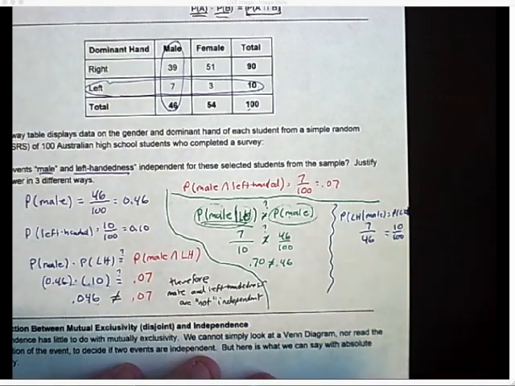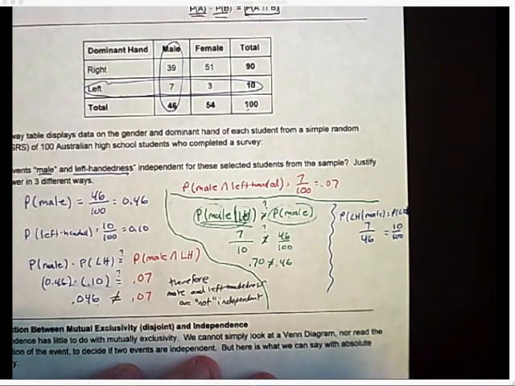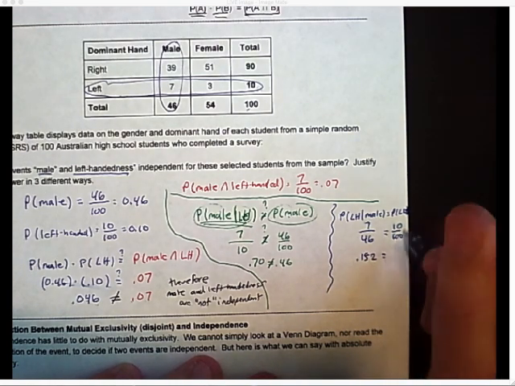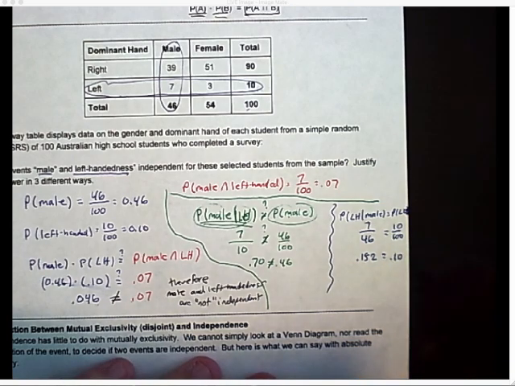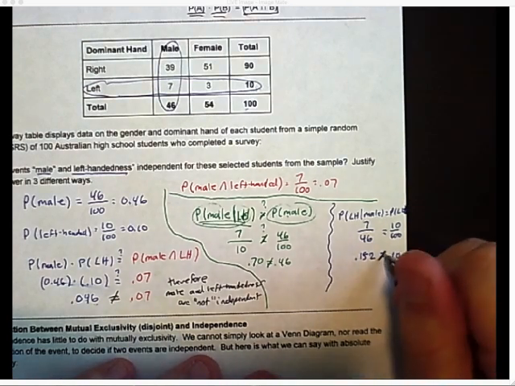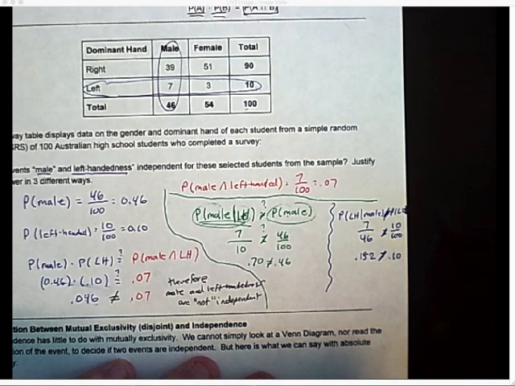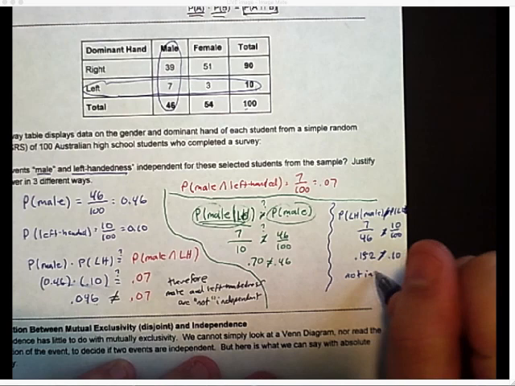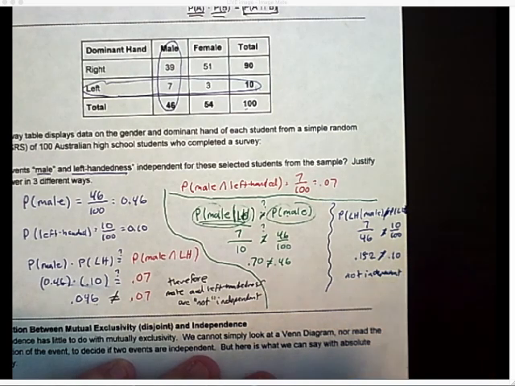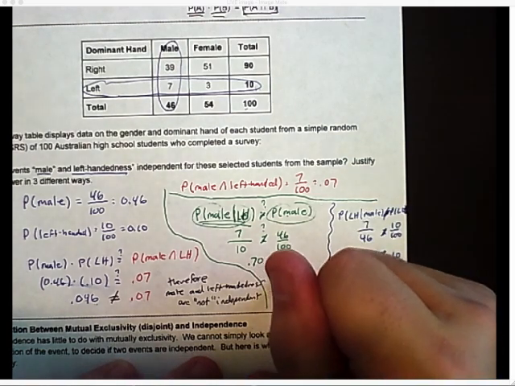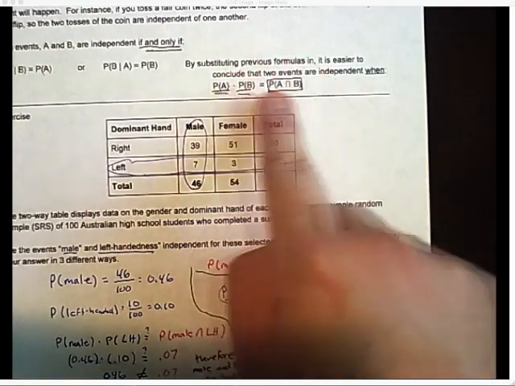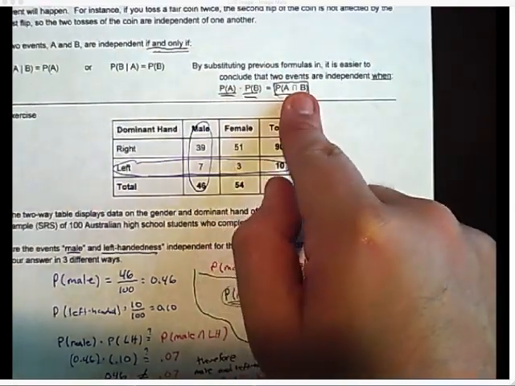If I do 7 over 46, that gives me 0.152. 10 out of 100 gives me 0.10. So these do not equal each other, and since they don't, those events are not independent. So you can do it any one of 3 ways. Personally, I like this way. This is the formula I like to remember. It's the easiest way for me.